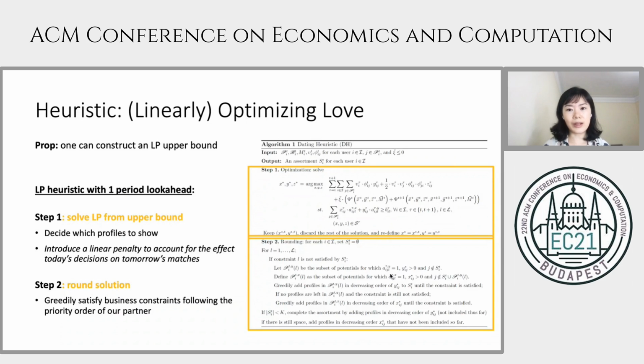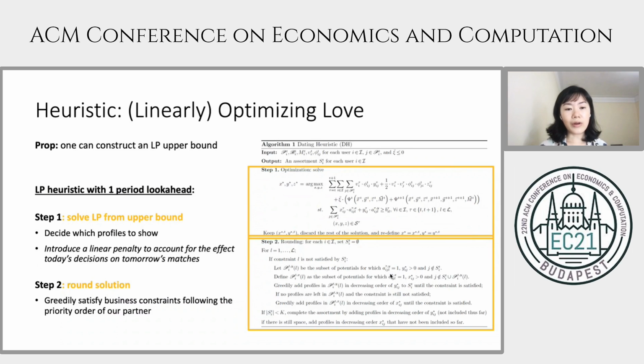Using these results, we're going to propose a heuristic, which we call the dating heuristic, as the algorithm to select assortments for our platform. First, we show that one can construct a linear program, which is an upper bound if we ignore this dynamic effect. Then using this linear program, we propose this heuristic with one period look-ahead, which has two steps.